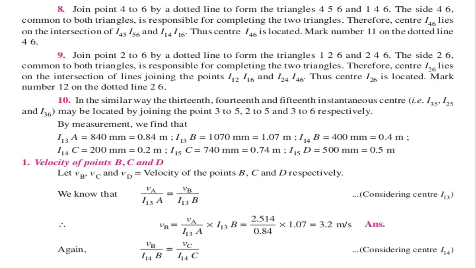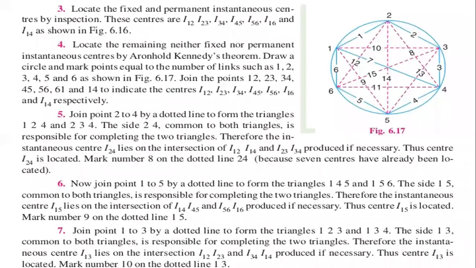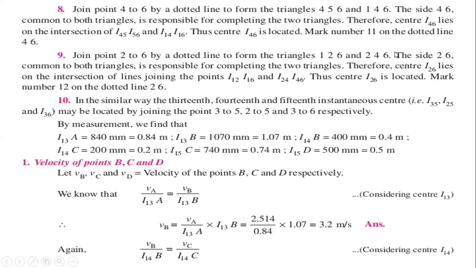Then join the points 4 to 6. So this is the 4 to 6. In the same procedure as 1 3, we are joining these two by a dotted line to form the triangles 4 5 6 and 1 4 6.